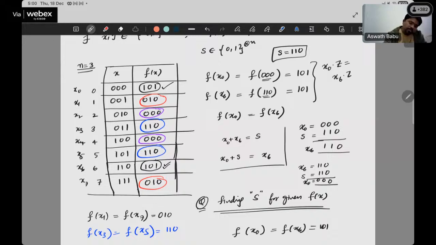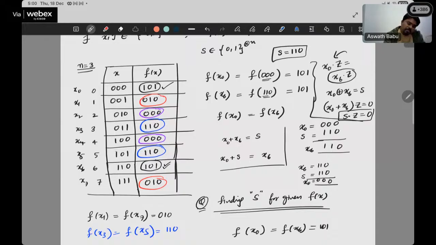That is what I will get. We saw earlier x0 plus x6 is S. In addition modulo 2, subtraction is nothing but addition, so you can send the right hand side to the left hand side. It becomes (x0 plus x6) dot z is equal to 0. What is x0 plus x6? Which is S. So S dot z is equal to 0.